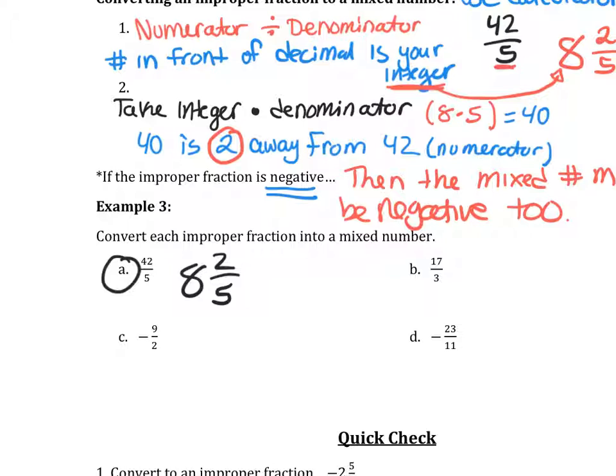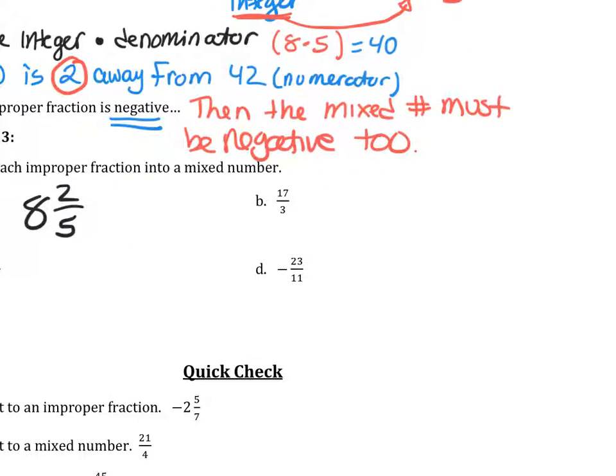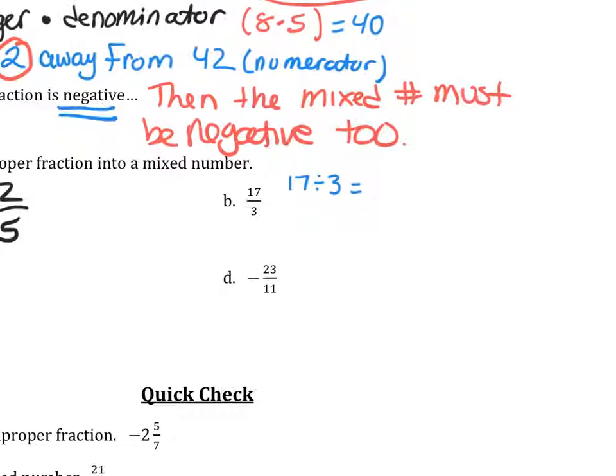Okay, so let's do letter B together. So you start by doing the division. So in your calculator, you do 17 divided by 3. And what's the number in front of the decimal? You all should be looking at it in your calculator. 5, thank you. So it's 5 point something, but we don't really care what the something is. We just care about the 5.